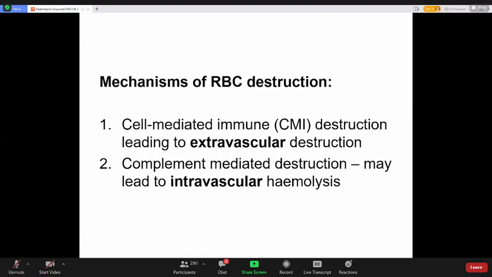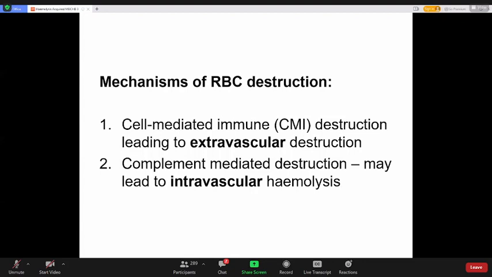Then you can have complement-mediated destruction. There are antibodies that induce complement activation, and these are usually IgG and IgM antibodies.